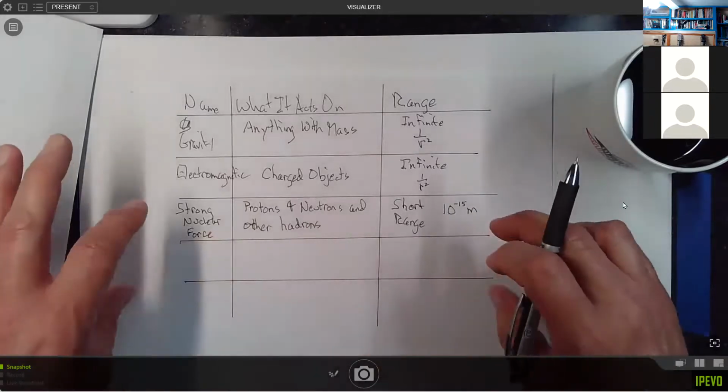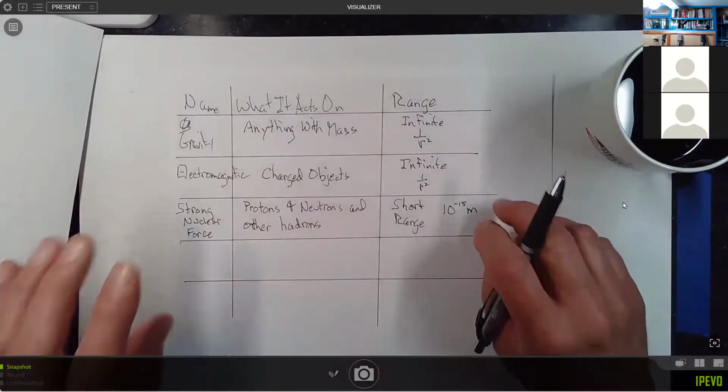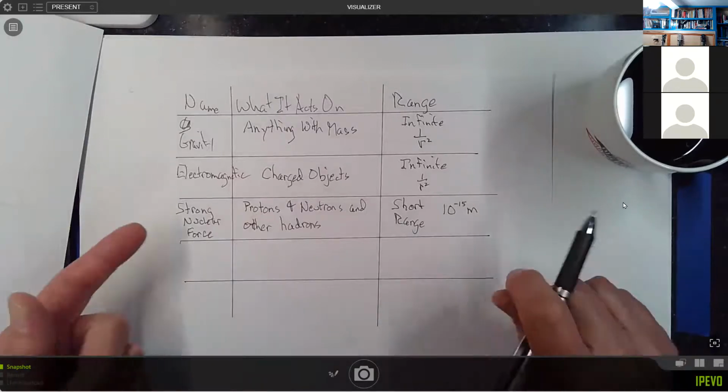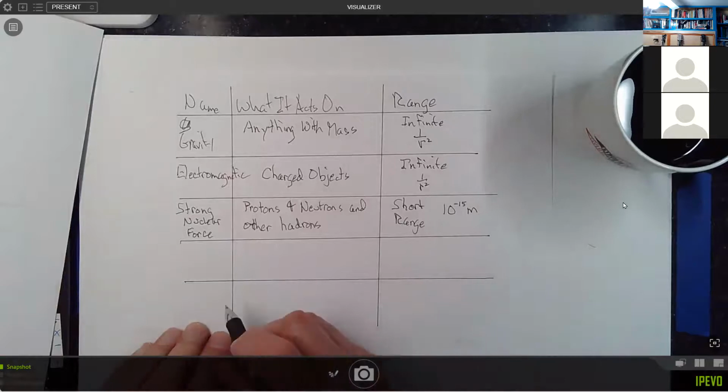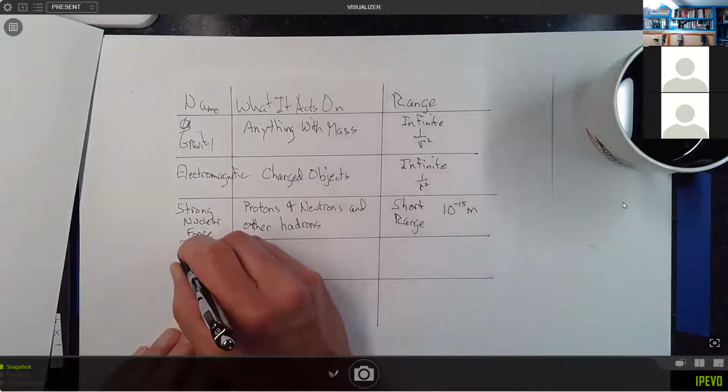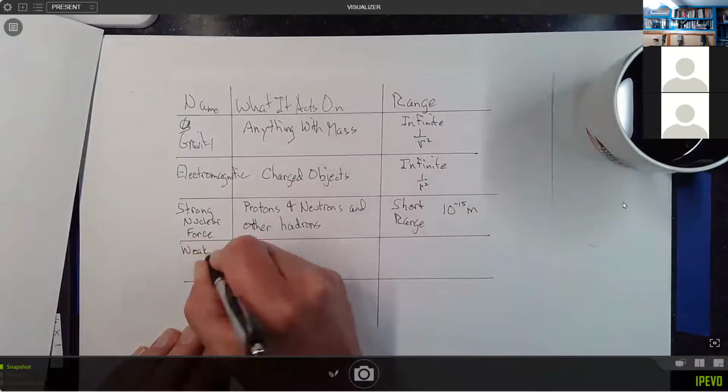And again, we're not going to mess around with this one. We'll just accept the fact that the nuclei that we deal with are all going to stick together for us and not have to worry about that. And then there's another force called the weak nuclear force.